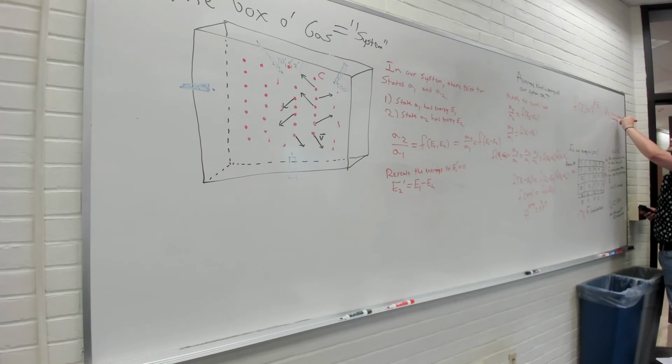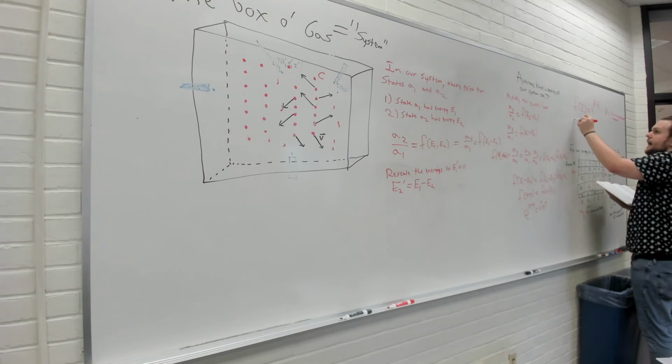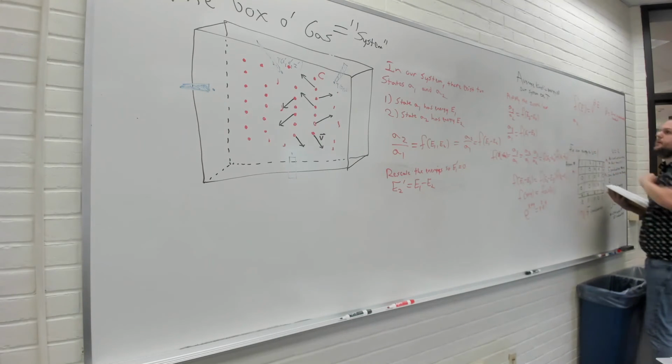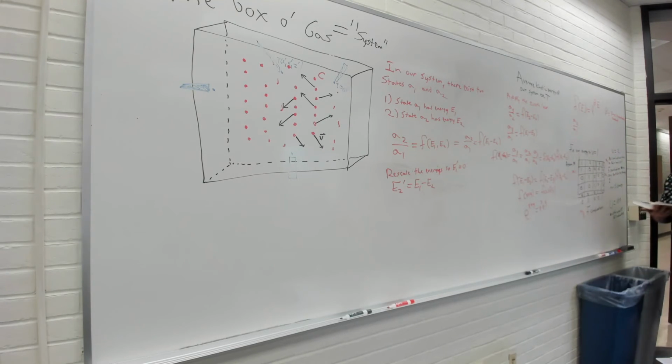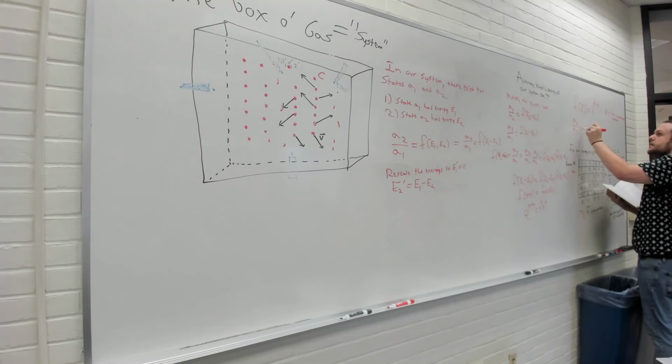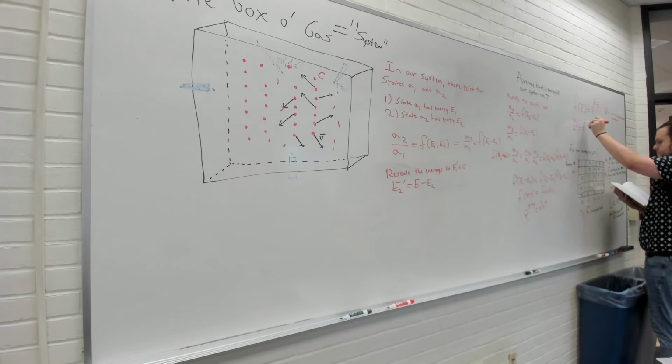So what that means is that the ratio of states 2 to the ratio of states 1 must be, once you just do a little bit of algebra, e to the beta times E1 minus E2. It's beta times the energy difference.